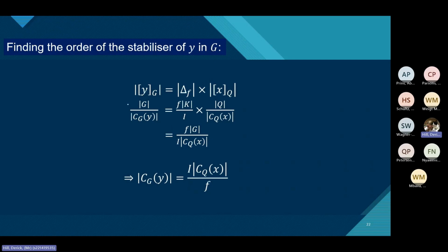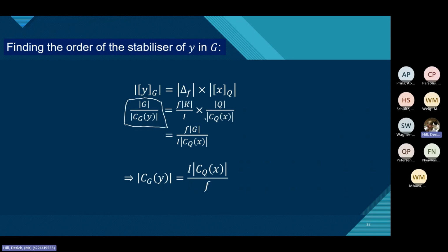By the orbit stabilizer theorem, we can replace that size of the conjugacy class of y in G with this size of G over the centralizer of y in G. We replace this size of Δf with the previous equation, which gives us that size. And by the orbit stabilizer theorem again, we can get this order of Q over the order of CQ(x).